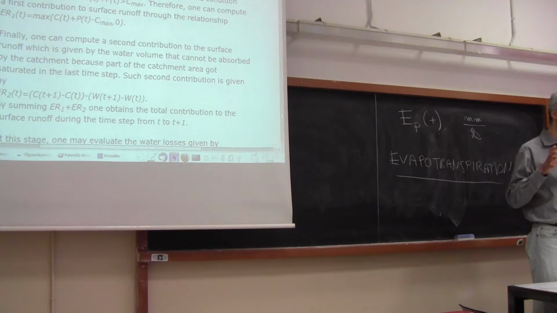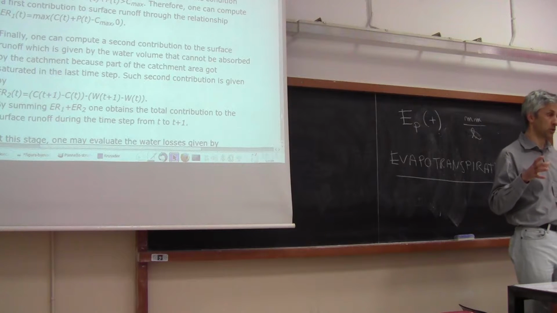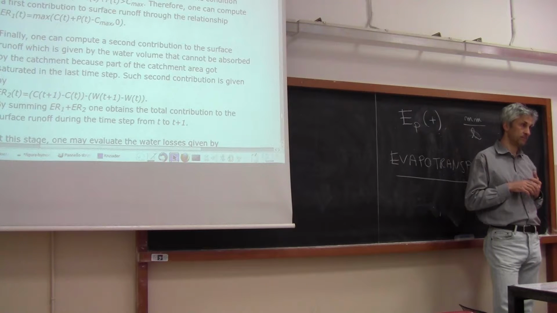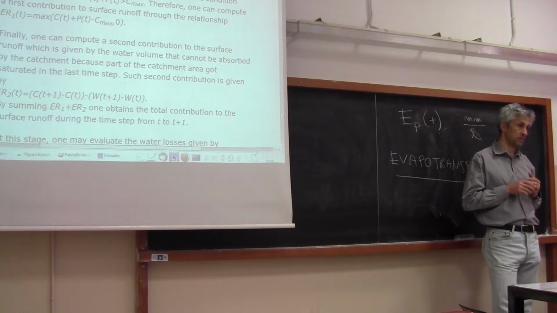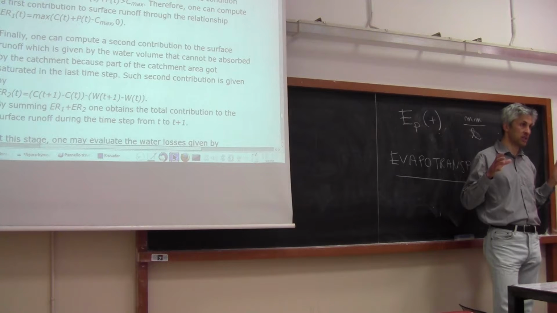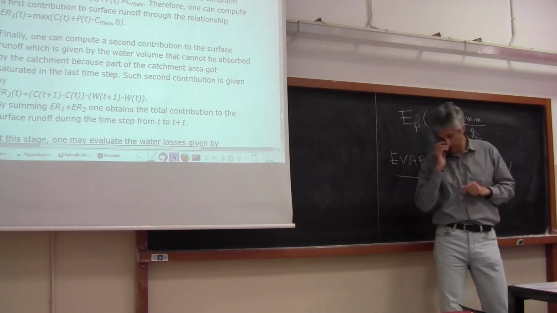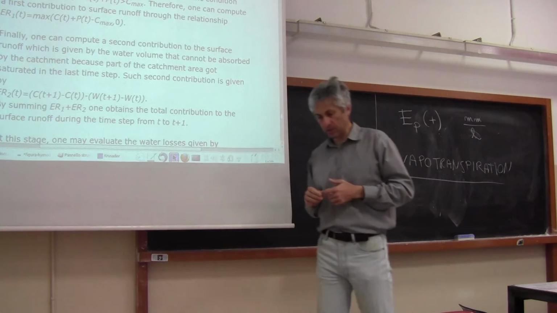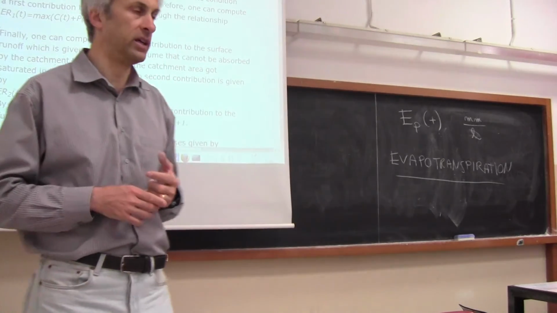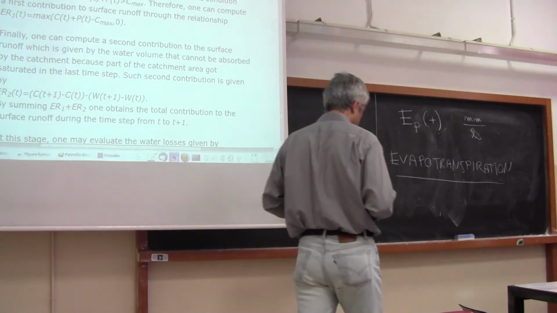So, again, potential evapotranspiration is the maximum value that evapotranspiration can attain when water availability is unlimited.